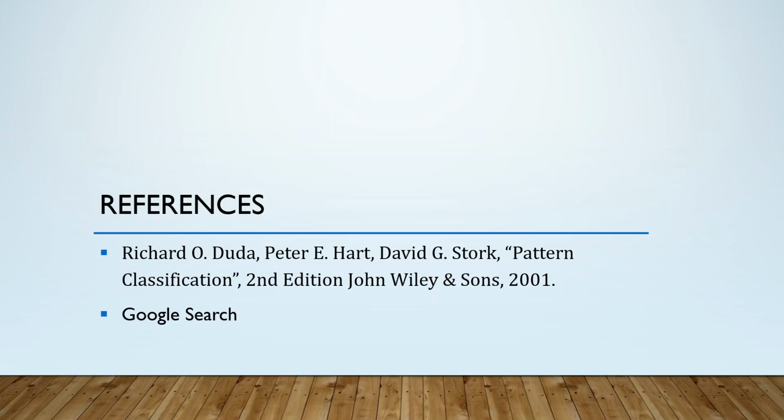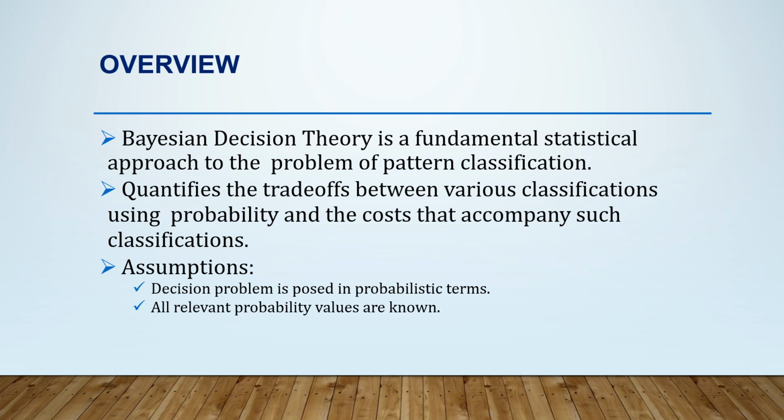You can follow this book for this chapter. Some images and concepts from different slides have been taken from Google search, and the theoretical part has been taken from this book. So these are the two references.